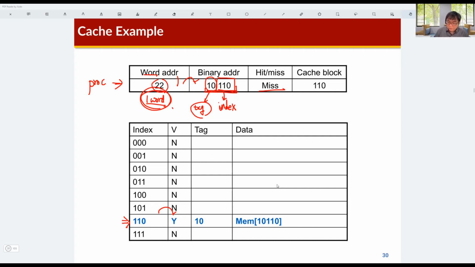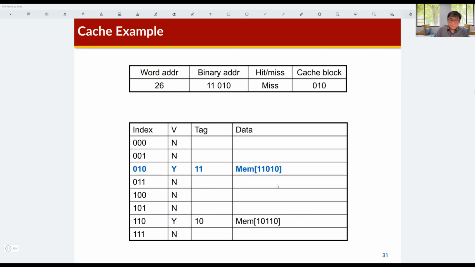When the data is transferred to this cache, it is allocated to which index? Index number 110. And this is the tag, so the tag 10 is stored, and the valid bit becomes 1. So the data is stored in this cache entry.